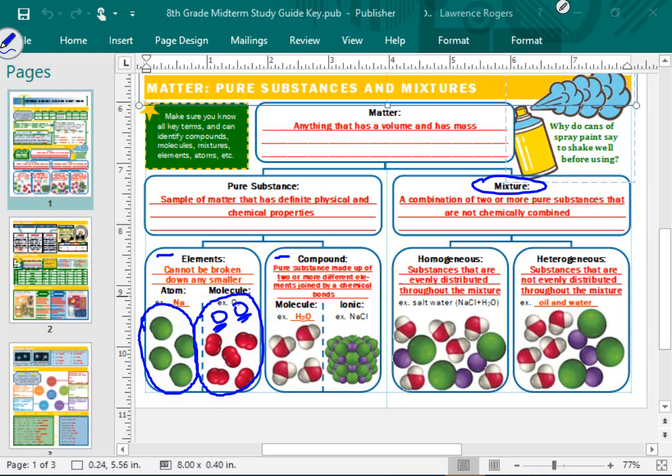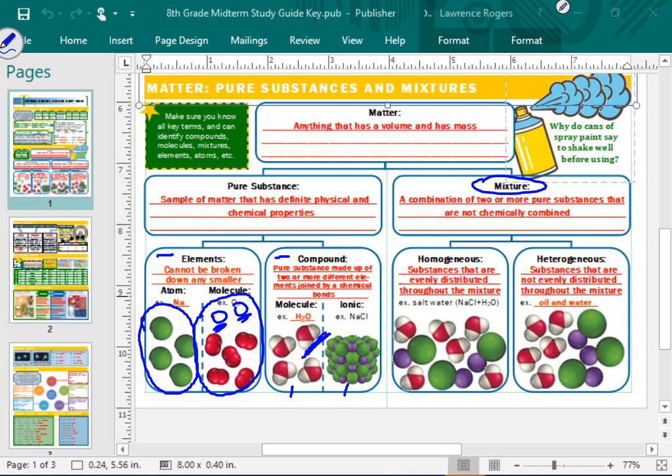Now a compound is made up of two or more elements. In this case we have water, with the hydrogens, which are the whites, and the red, which is the oxygen. They're bonded together in some way. You have two examples, covalent and ionic bonding, but they're bound together by a chemical bond of some kind.